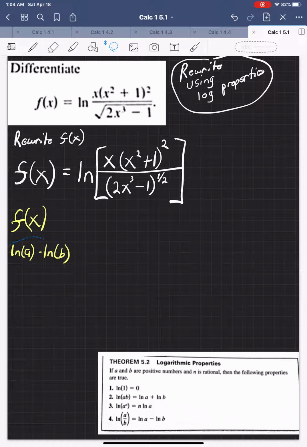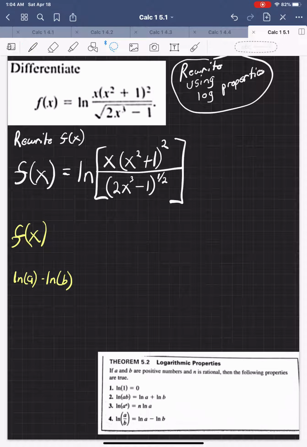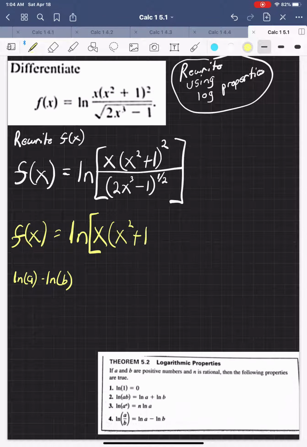Let me give myself a little bit of space here. Okay, so that's going to be ln of the numerator, which is x times (x squared plus 1) squared, minus, what?